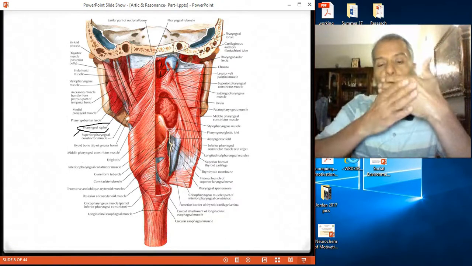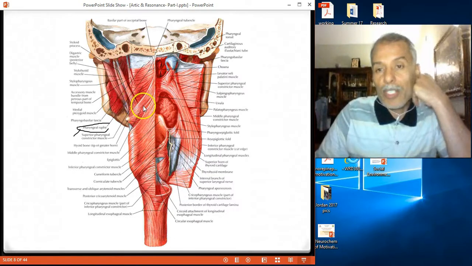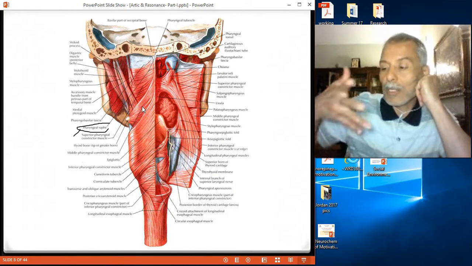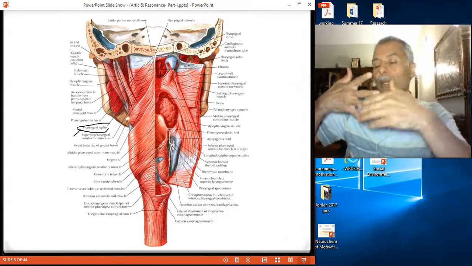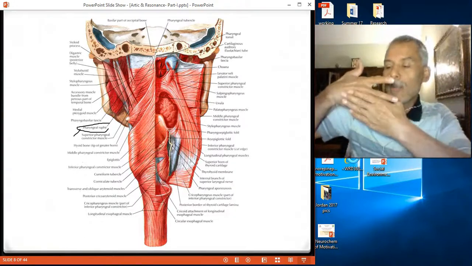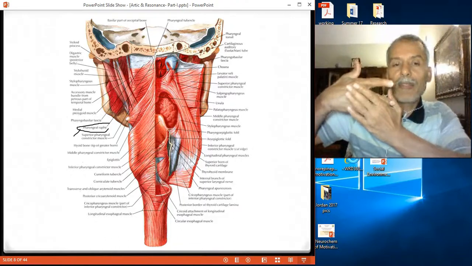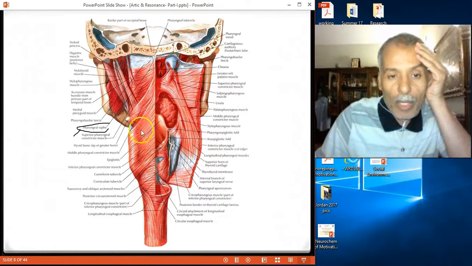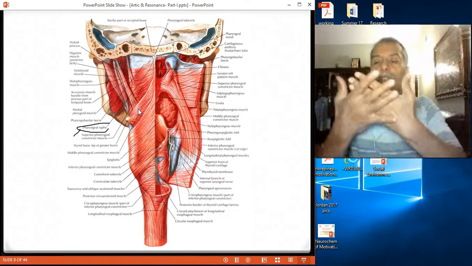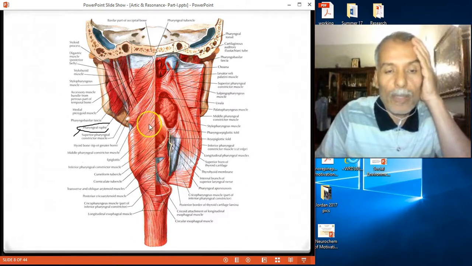And you can see it overlapping part of it like that. That is the middle pharyngeal constrictor, and it's almost like a triangle. And then on the back of the middle one, overlapping, you have the inferior. You notice the orientation of the fibers. They become more slanted, more oblique as you go down. And when they are oriented in different ways, they give strength to the structures.